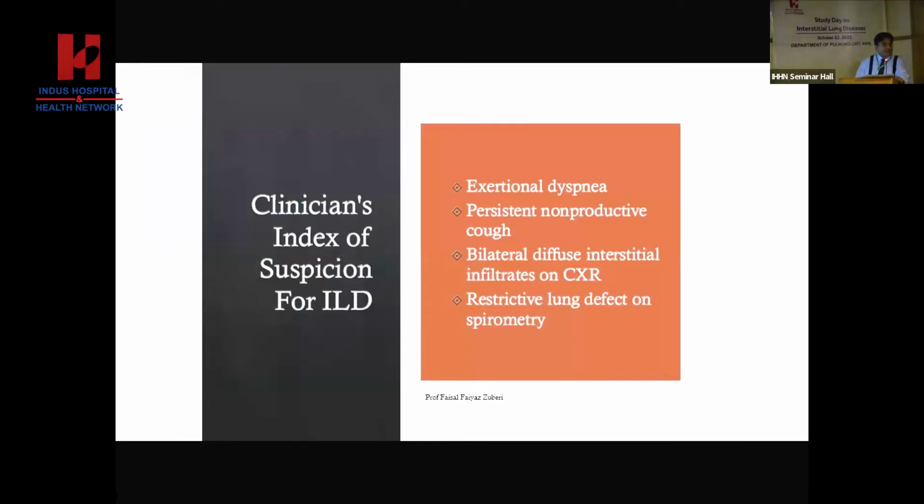This happens quite often. We are referred patients because of radiological findings on X-ray or even CT scan, and at times because of a defect on PFT, which is suggestive of a restrictive disorder. So these are the few indices of suspicion.